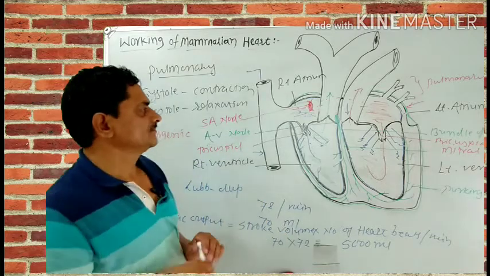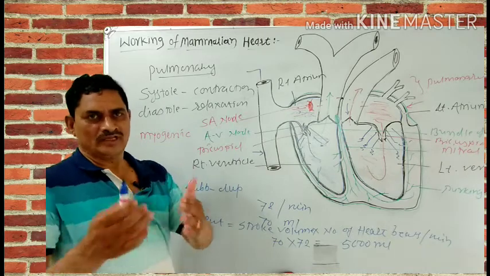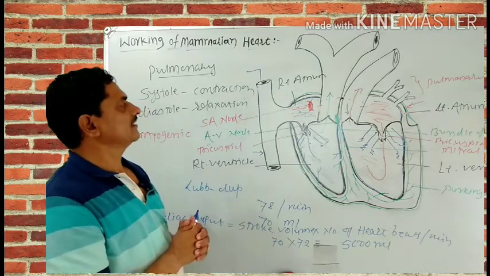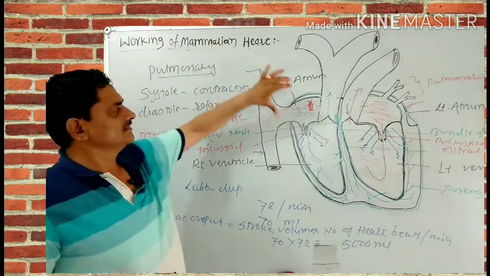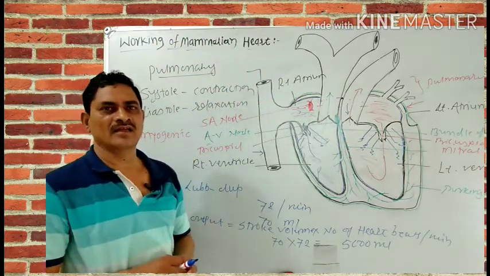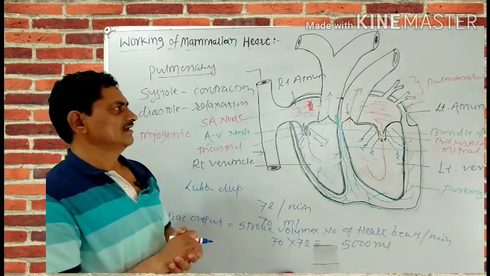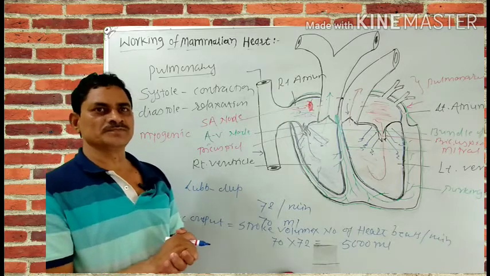So friends, let us summarize what we have learned in this topic. We see the mammalian heart, it is a pulmonary heart. Here is the double circulation. Here are the two nodal tissues.